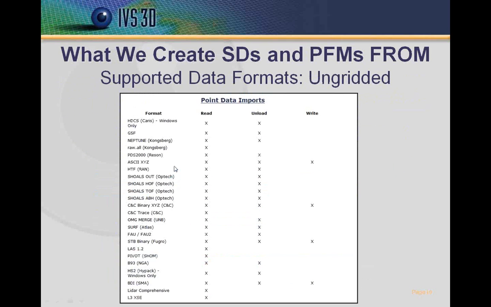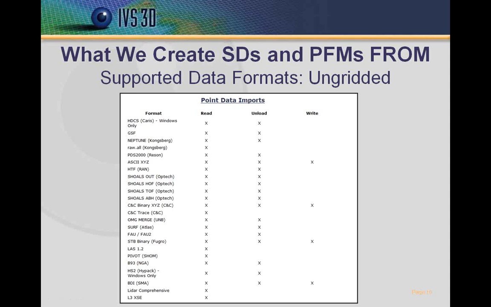All right, so what do we create these PFMs and SD files from? That would be our supported data formats. Ungridded supported formats, I have a list here, and this is just from our website. It's probably quite difficult to see. It's very small, but it is on the website. Basically, our ungridded data formats are the closest to raw that we can get from multi-beam providers.